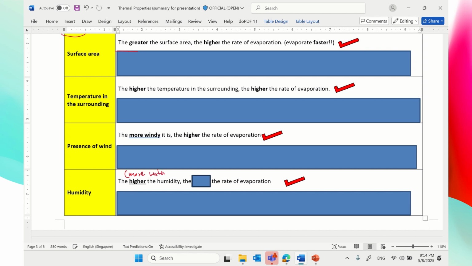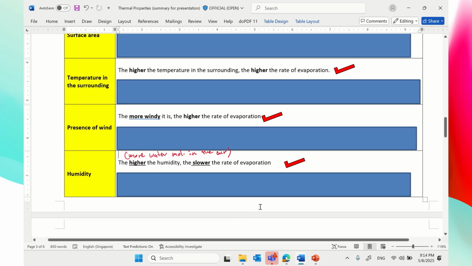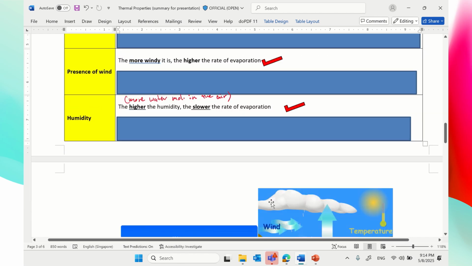When there are more water molecules in the air, they will tend to press down on the liquid molecules on the surface of the bowl, making it more difficult for the liquid at the surface to escape. Therefore, the higher the humidity, the slower the rate of evaporation. And that ends this topic.